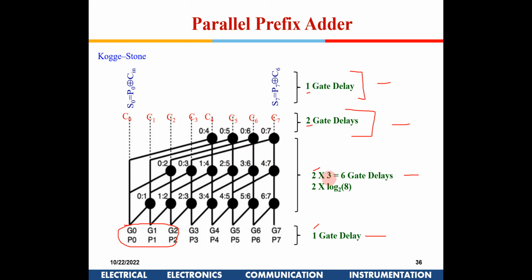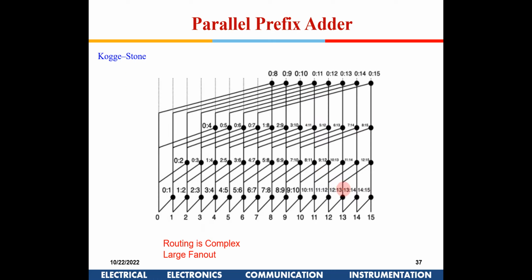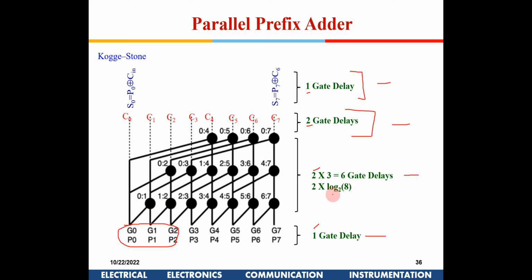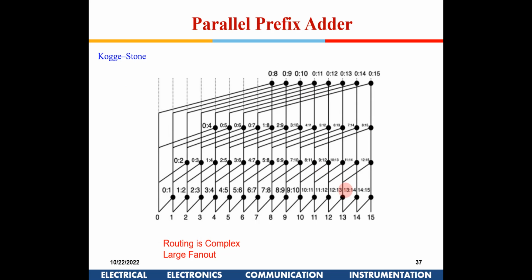So if you keep increasing, because this is the formula which is used, as shown here, it increases only on a logarithmic scale. It is not like a ripple carry adder, where the delay will keep multiplying. So as you keep increasing the number of bits, the delays will not increase to that particular extent. But the problem here is the increase in hardware. There is a lot of hardware.